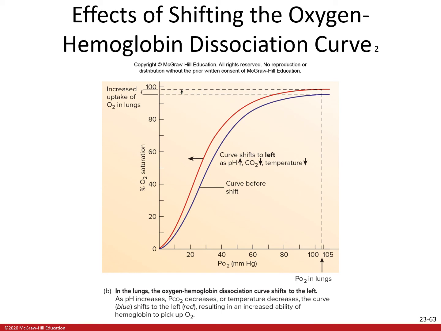After the shift, where pH is increasing, partial pressure of carbon dioxide is decreasing, and temperature is decreasing, our curve, initially in blue, is going to shift to the left, and that is our curve in red. This is going to result in an increased ability of hemoglobin to pick up oxygen. So before, with a shift to the right, we're dropping oxygen off, and if we have a shift to the left, hemoglobin is going to pick up oxygen instead of dropping it off.